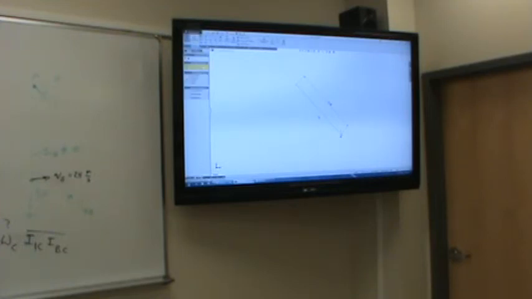And let's see. There has to be some other geometry here. Oh, there it is. There's the angle I'm looking for. We'll pull that down to here and converge the two.